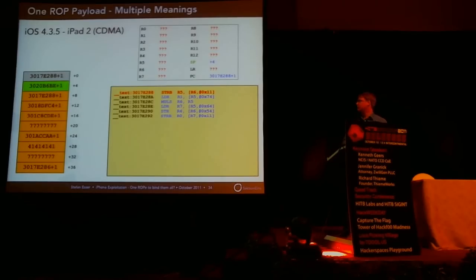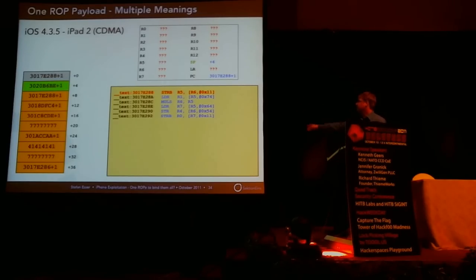So the first environment I want to put it into is the iPad2 CDMA, the latest iOS 4.3 version. And when you go to the gadget, you see in gray this is the program counter right now.